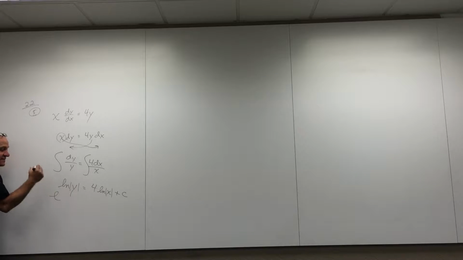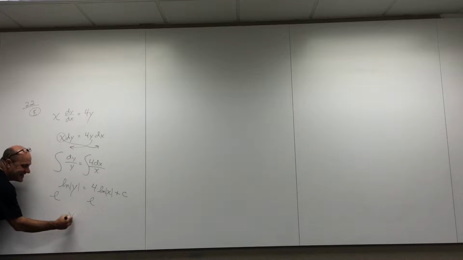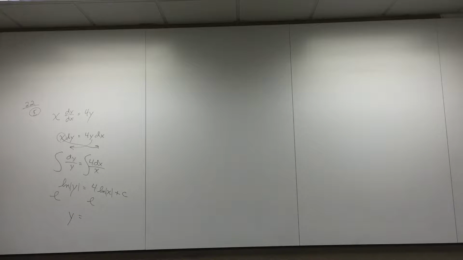So I'll e this side, and I'll e this side. Because e to the anything is positive, if I just write down y, I don't need the absolute value to guarantee it's positive. I think because it's e to this, the next step guarantees y to be positive. That's my explanation. And I'm glad you agree with it.